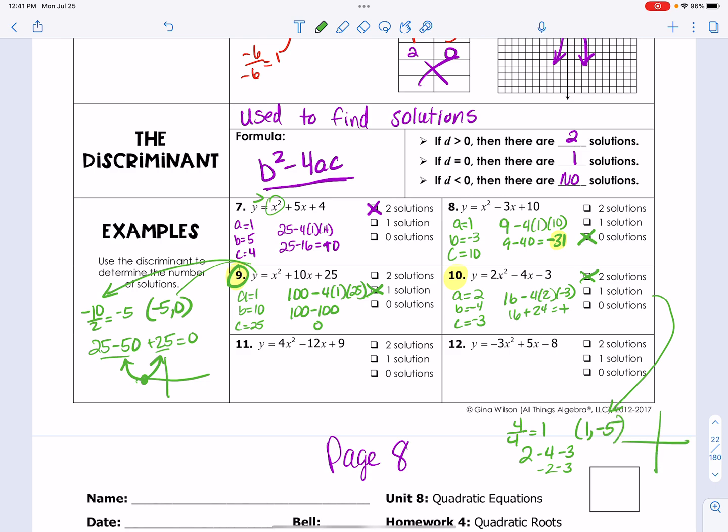So if I sketch this, my vertex is at 1, negative 5, like we sketched before, and I open up, it hits twice. So you can find these by sketching them, or you can find them by doing the formula. I think on 11 and 12, you can kind of see why the formula comes in handy, because those numbers start getting really big, and to try to sketch the graph is going to be hard.